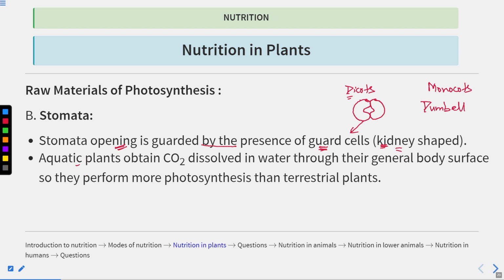And the aquatic plants obtain the carbon dioxide dissolved in the water. Terrestrial plants obtain the carbon dioxide from the atmosphere, whereas the aquatic plants obtain carbon dioxide which is dissolved in the water, from what? From their general body surface.